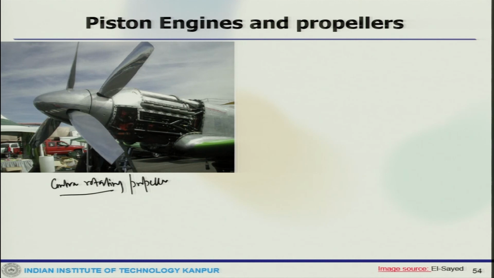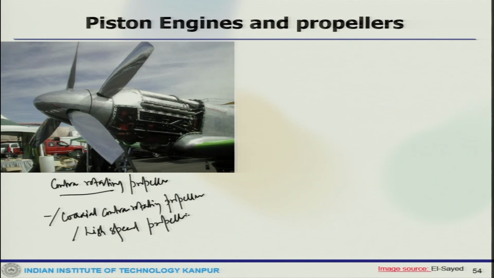Now, these contra rotating propellers are also called coaxial contra rotating propellers or high speed propellers. They apply the maximum power of an engine to drive two propellers in contra rotation, that is, rotating about the same axis in opposite directions.